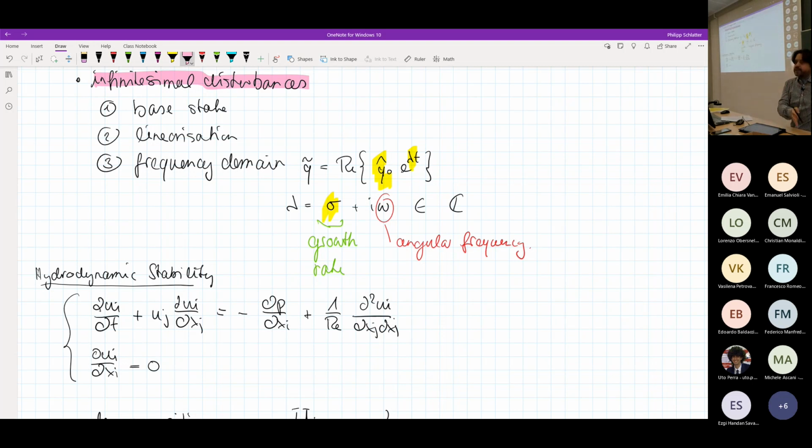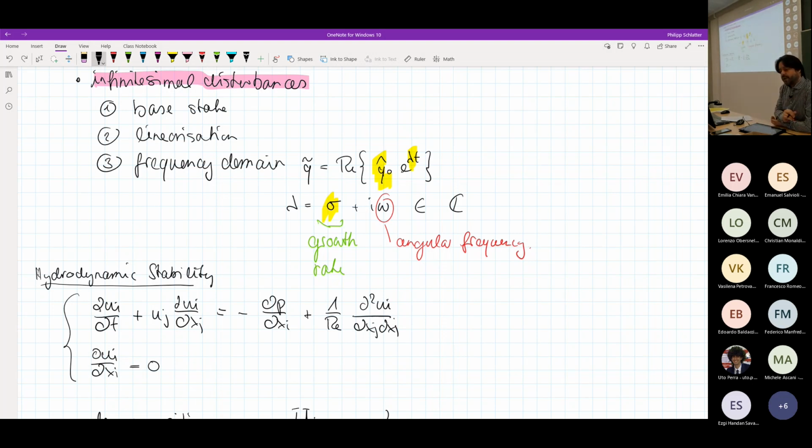We define a base flow, a base state, then we linearize about the base flow, and then we could determine eigenvalues in frequency domain, where we could see whether something is exponentially growing or exponentially decaying in time. So we can talk about a growth rate and an angular frequency of our eigenvalue. That is the first motivation why these infinitesimal disturbances are important.